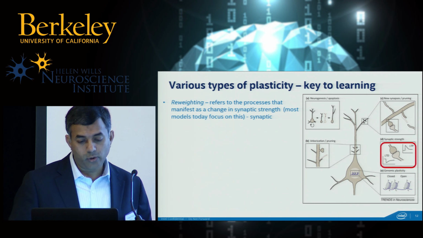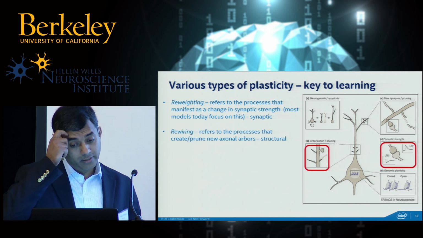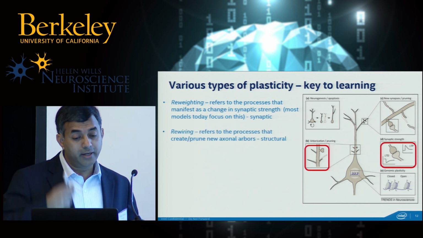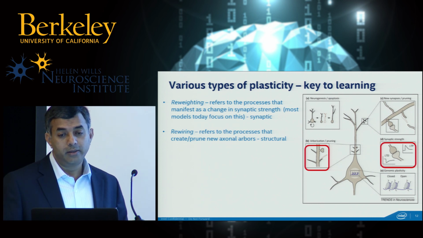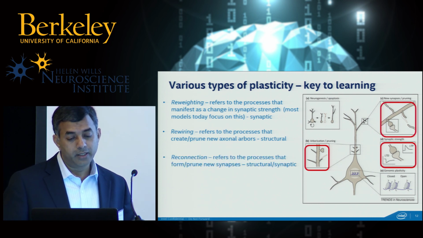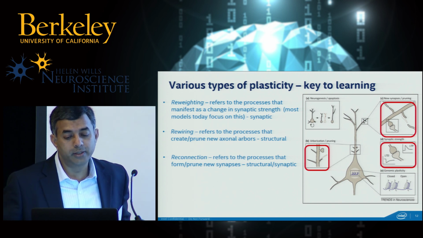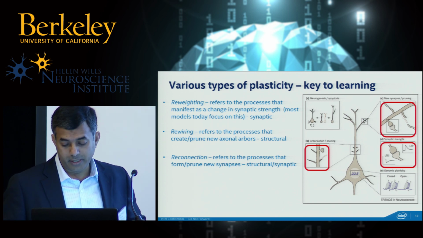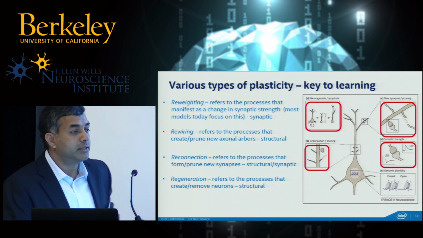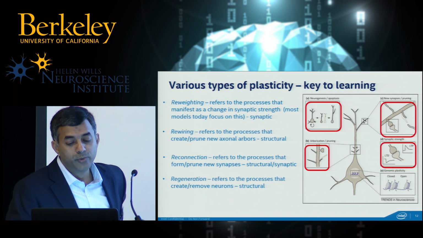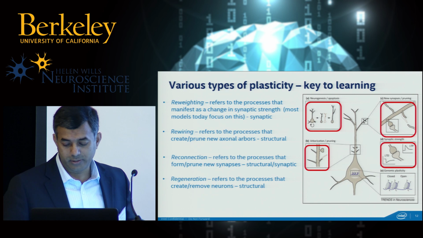But then there are all these other things: rewiring, which refers to the processes that create or prune axonal arbors, which are more structural in nature. There's reconnection, which refers to processes that form or prune new synapses, which are both structural and synaptic in nature. There's regeneration, which refers to the processes that create or remove neurons, which is structural in nature as well.